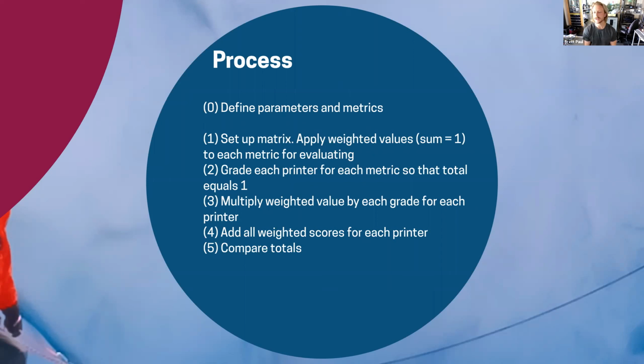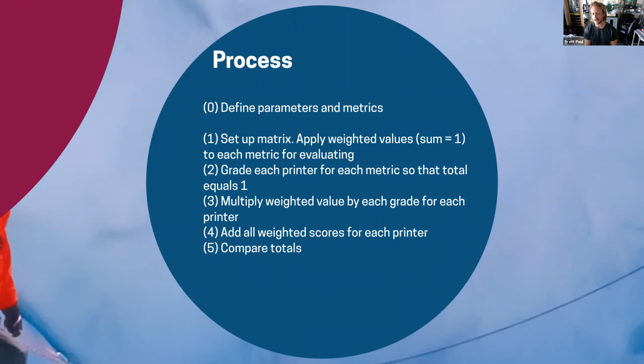Most of it's going to be driven by what you want out of a printer. Let's say, for example, you have a budget. So cost is going to be a parameter by which you evaluate these. And then maybe materials is another. We'll get into parameters in a second, but we're going to define those first.